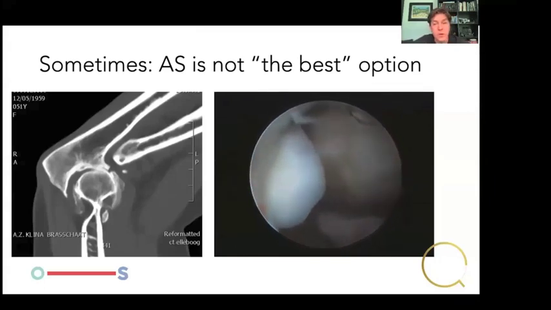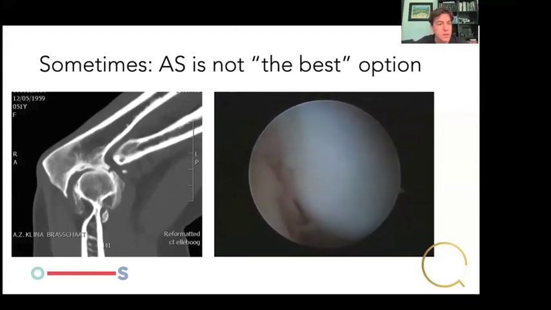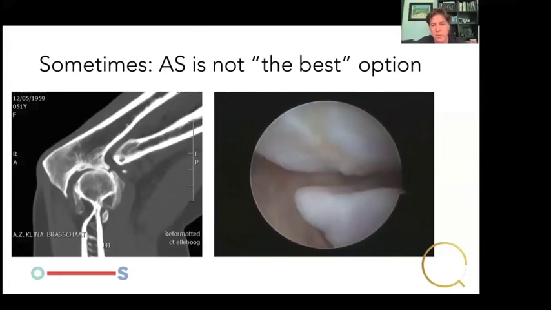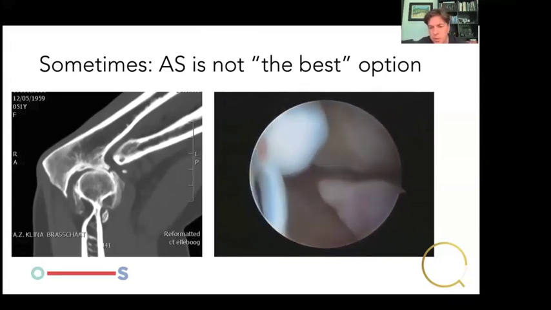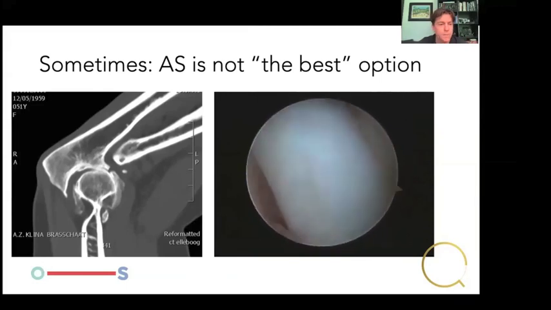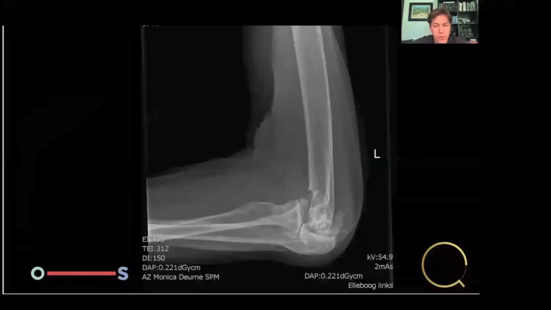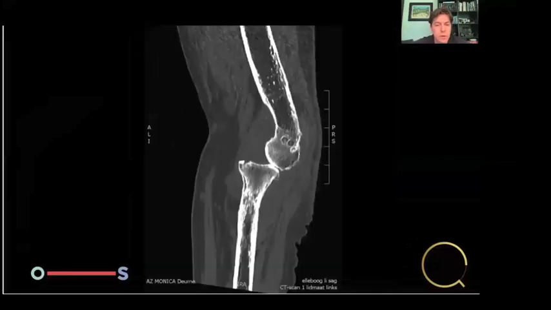Obviously, sometimes arthroscopy is not the best option. I overestimated myself in this patient, but he was 51 years old, and the other option would be total elbow replacement. So we did an arthroscopy. He was okay for like 6 months or a year, and then we ended up doing a prosthesis anyway. I know Graham King is talking about stiffness following elbow prosthesis.